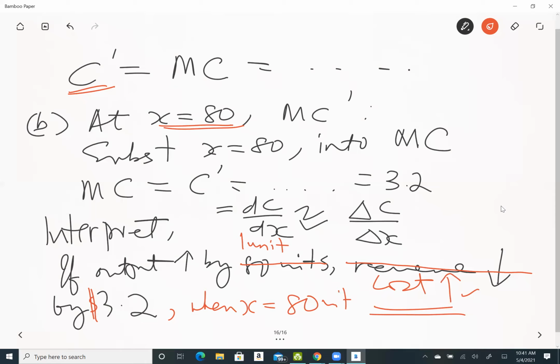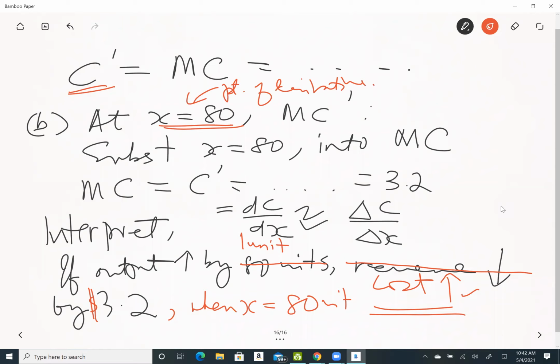The point of derivative is not the increase in the output or the increase in X. It's where you take the derivative, where you take the marginal cost at.